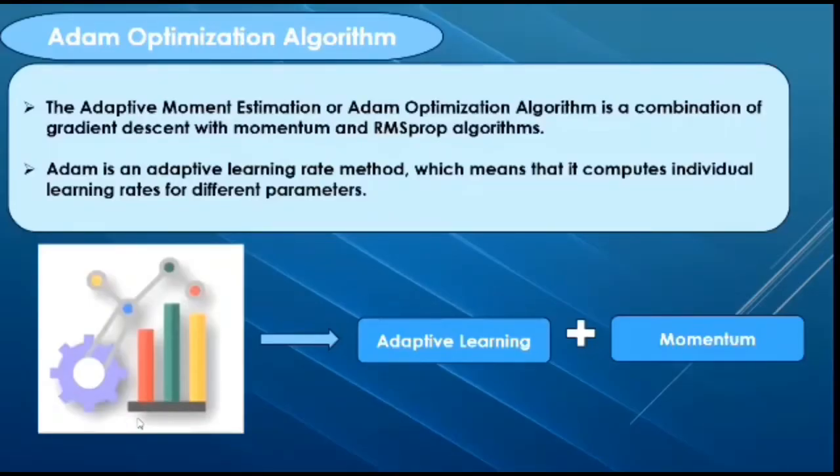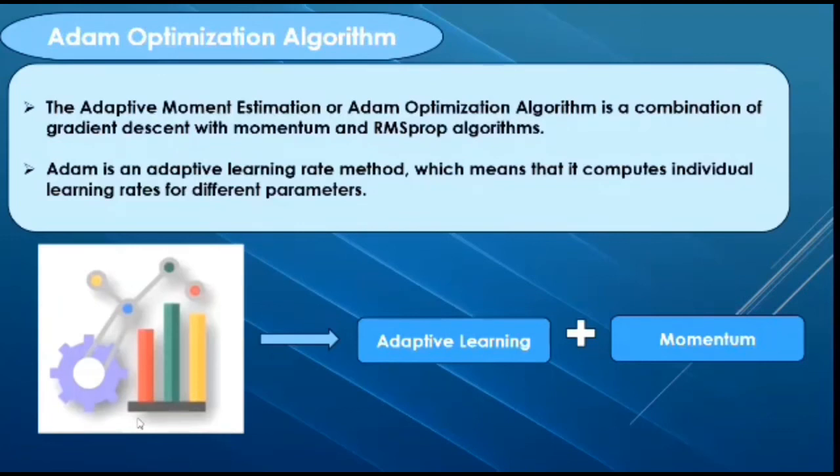Now the Adam optimization algorithm is something which is different from the gradient descent optimization algorithm. Adam stands for adaptive moment estimation, and it is a combination of gradient descent and RMSprop algorithms.